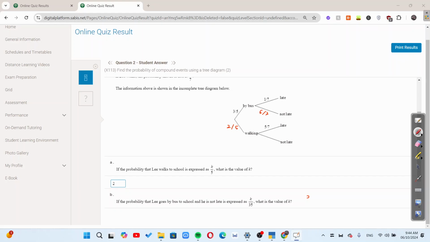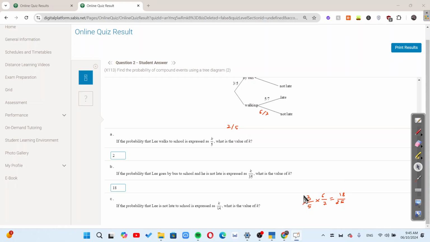So you do 3 over 5 times 6 over 7, and you're going to get 18 over 35. And that's how you solve this part.